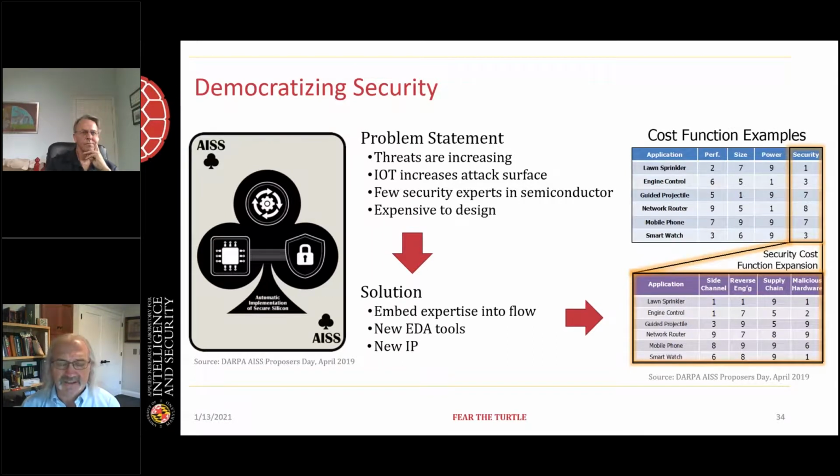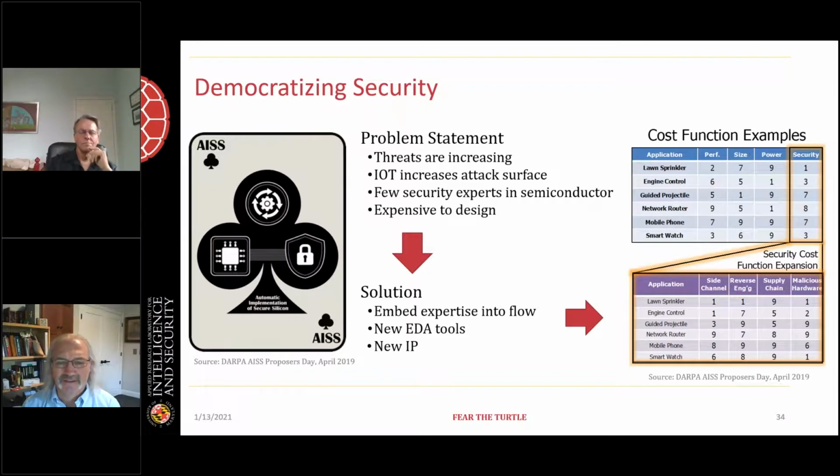So I just wanted to give a brief overview of this DARPA AISS program. AISS stands for Automatic Implementation of Secure Silicon. The motivation for this program was the following problem statement: the threats the industry is seeing are increasing, and especially with IoT, this increases the surface area because all these devices are increasingly connected to the internet, meaning bad actors can get involved and actually hack into your chips.